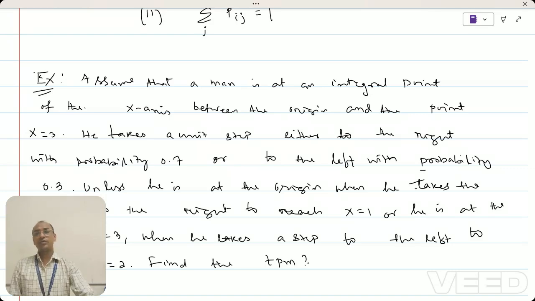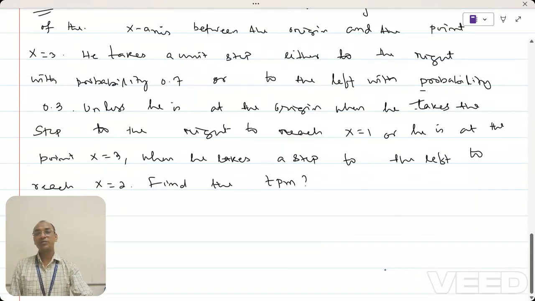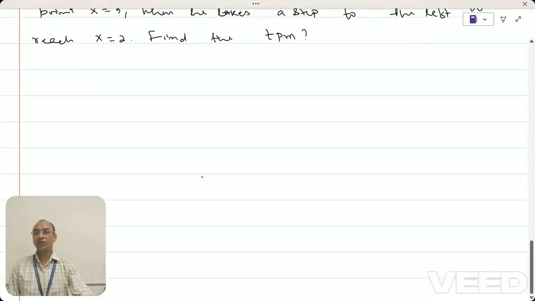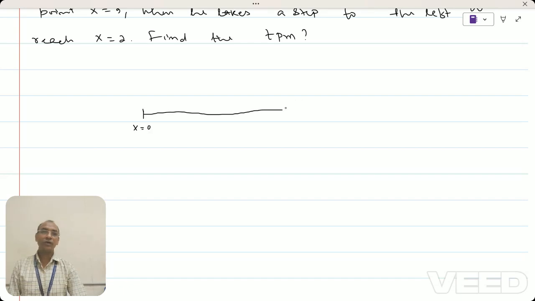Okay. So I will simplify this first, and then we will try to construct the TPM. Here I am saying a man is standing at an integral point of the x-axis, which starts at x equal to 0 and ends at x equal to 3.